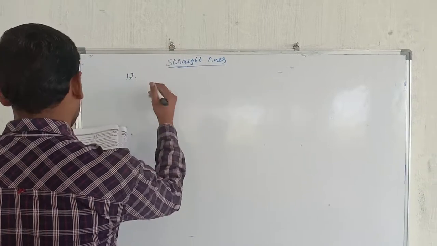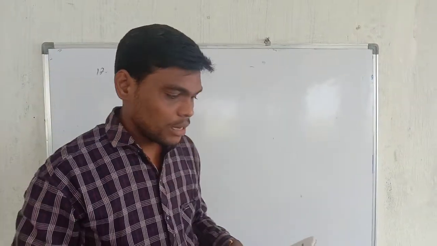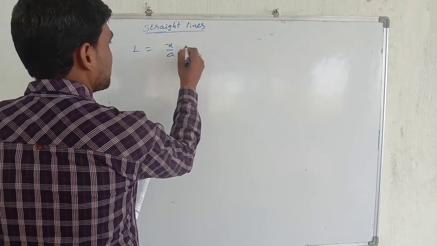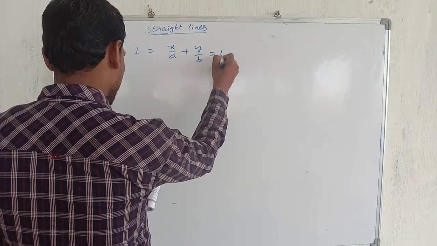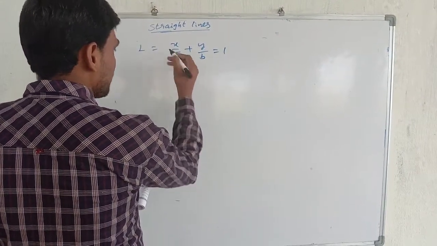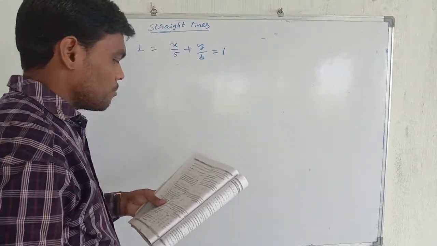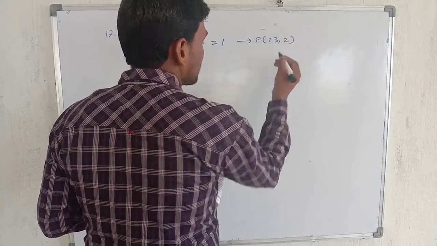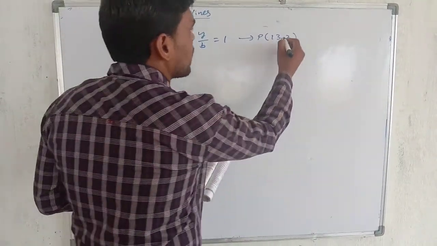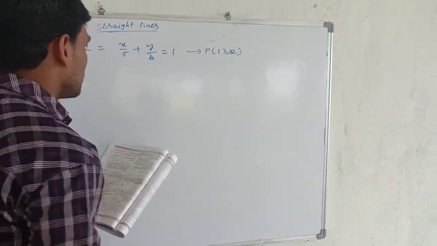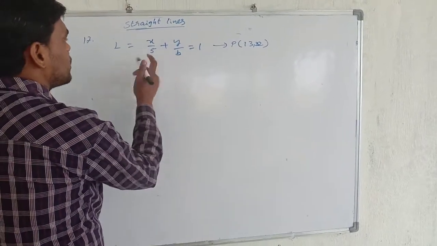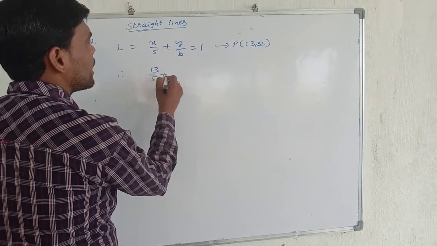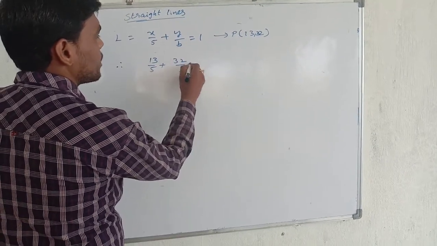Seventeenth bit. The line L given by x by 5 plus y by b is equal to 1, passing through the point (13, 32). Since it passes through this point, x is 13 and y is 32, so 13 by 5 plus 32 by b is equal to 1.